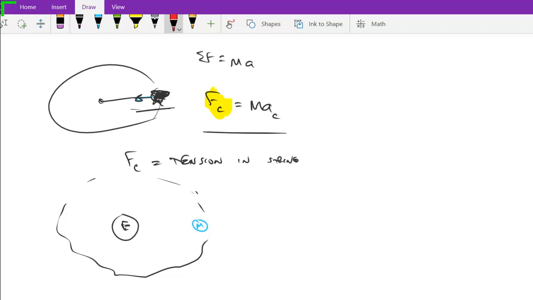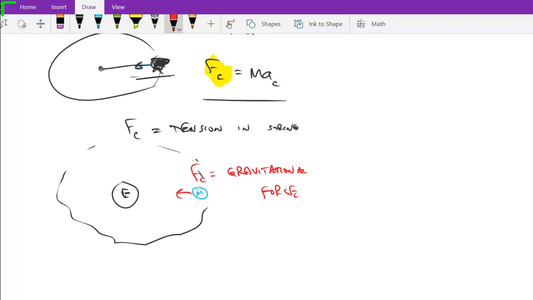In this case, it would be a gravitational force, the pull of the Earth on the moon. So our centripetal force would be the gravitational force. So it's not a new force. It's just some other force playing the role of a centripetal force.